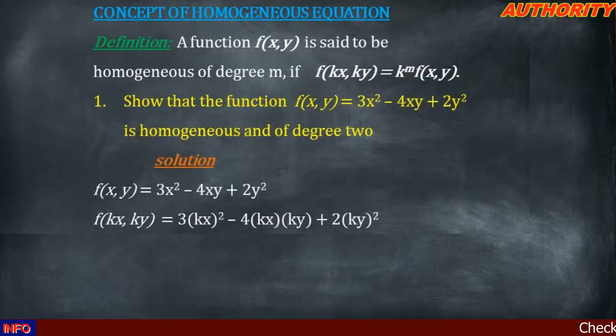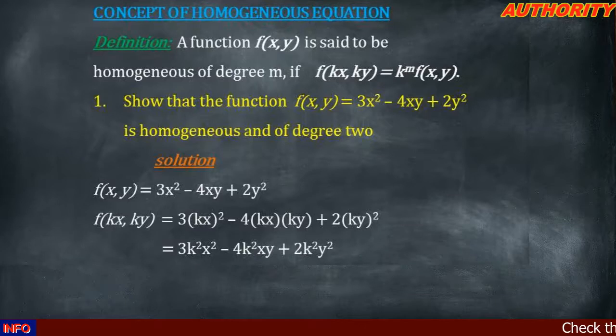Alright, good. Now, we have 3 times kx squared, which is the same as saying 3k squared x squared. We have minus. When you say kx multiplied by ky, it's going to give you k squared xy. Is that true? Yes. So here we have minus 4k squared xy plus. Now when you have ky squared, it's going to give us k squared y squared.